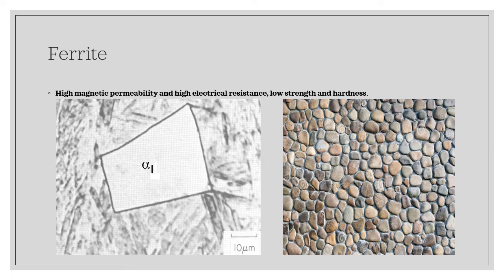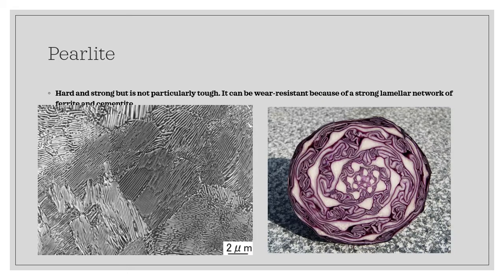Before we start, I would like to introduce you to a few microstructures that will be present in the metal. Here is the image of ferrite. Here is the image of pearlite.